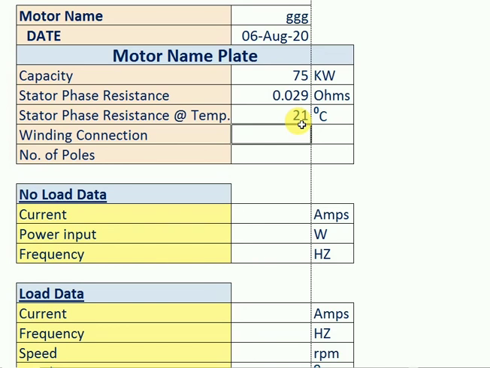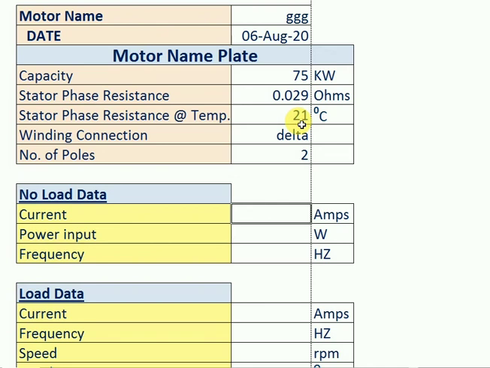Next is the no load data. Actually, we need to decouple the motor and go for the no load trial, and only then can we get this data. Whenever you go for a motor change out, we definitely take the solo run, so at that time we get the no load data. Likewise, when installing a new motor or replacing the pump, we have the opportunity to test the solo run, that is the no load test for the motor. By that we can take the parameters.